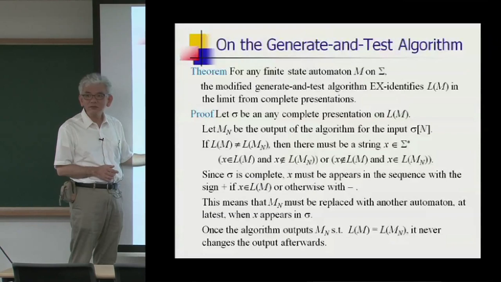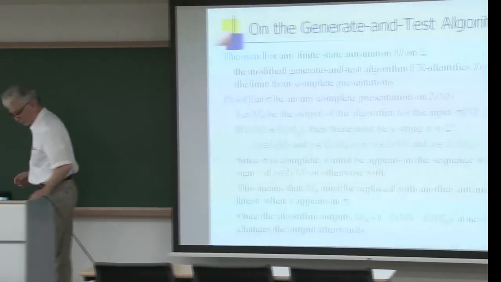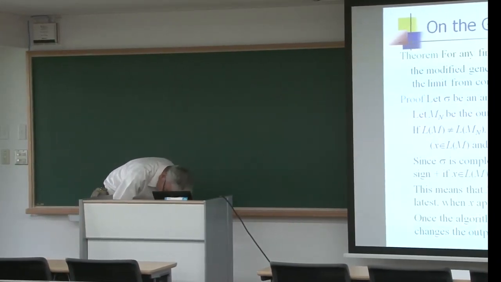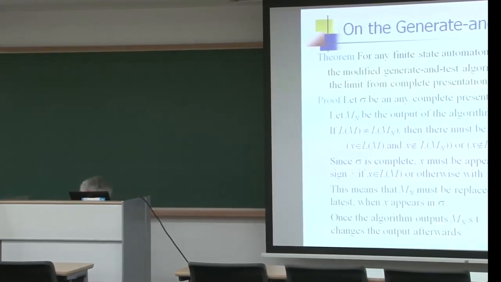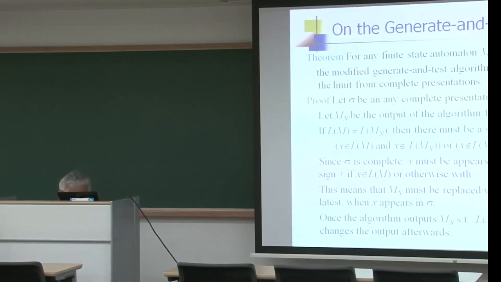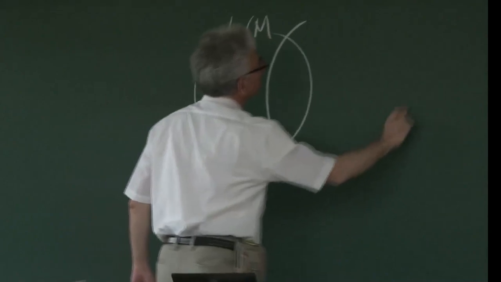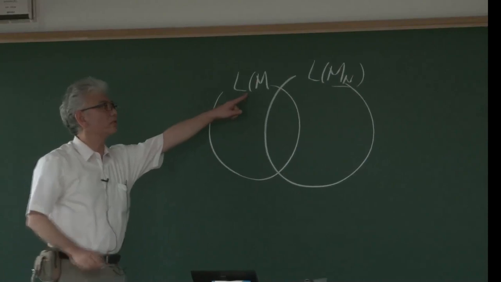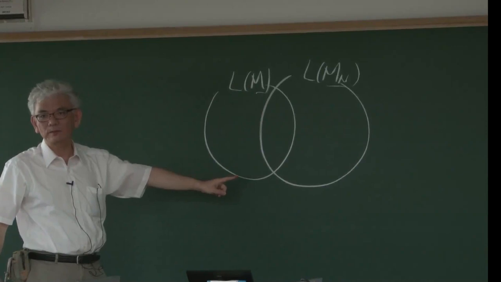So here is the current conjecture, and this is the unknown automaton.